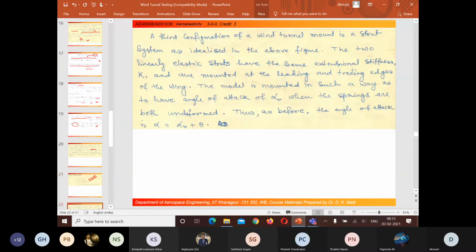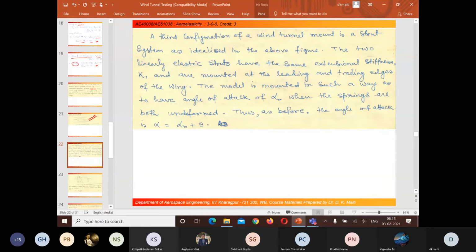Let me come to the configuration. So a third configuration of a wind tunnel model is mounted in a strut system as idealized in the above figure. The two linearly elastic struts have the same extensional stiffness K and are mounted at the leading edge and trailing edge of the wing.